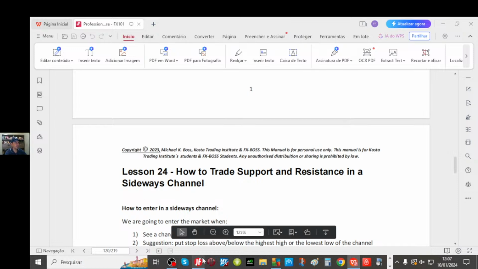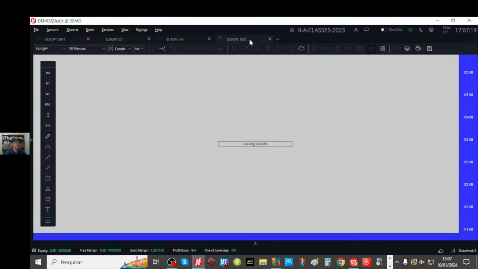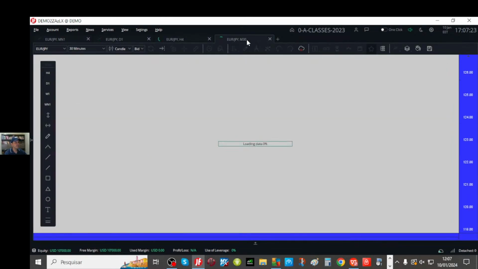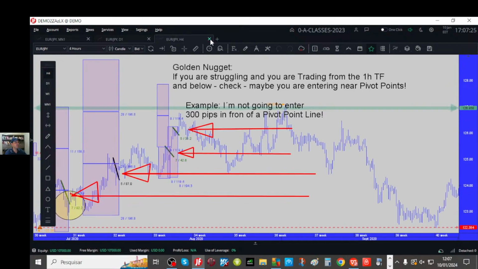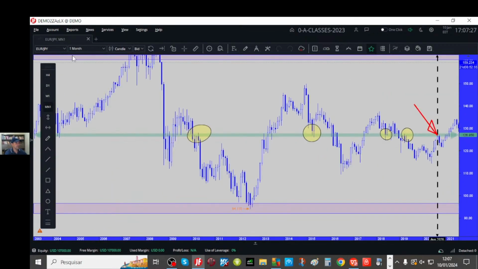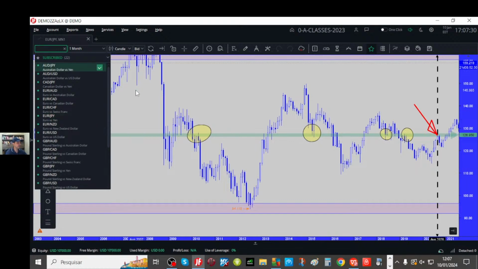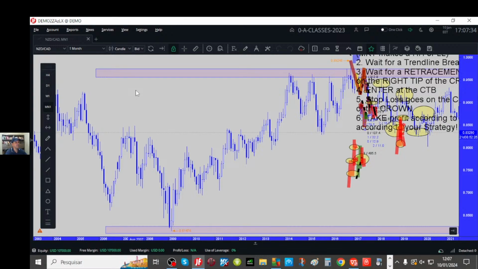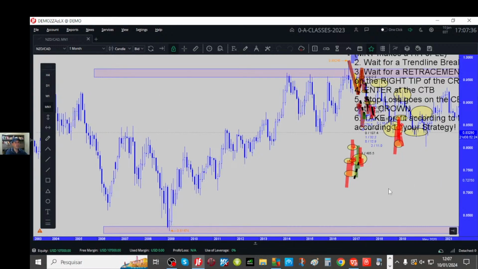Hala, do you have a currency pair that is giving you headaches? This was from yesterday, Euro JPY. Now let's change to NZ decade. Wow, NZ decade.